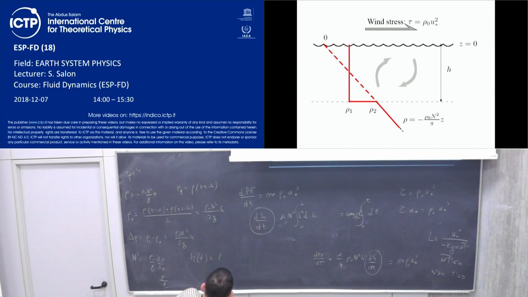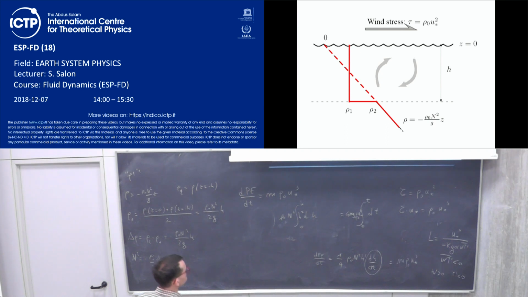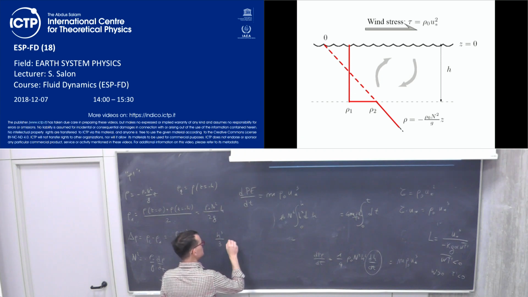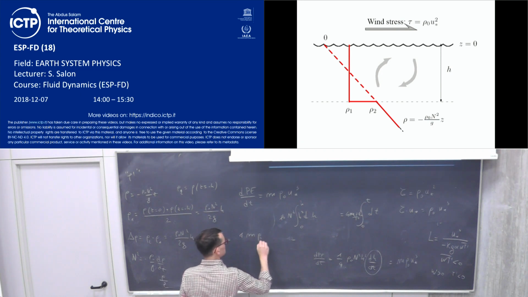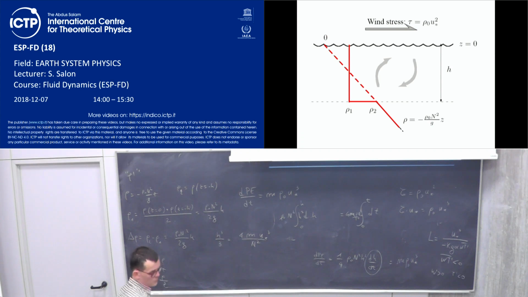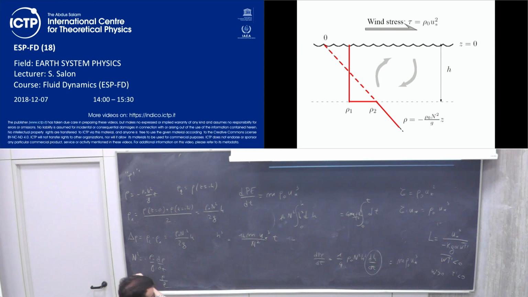And what we obtain is h cube over 3, which is equal to 4m u star cube over n squared, which means that we can have a 12 here.